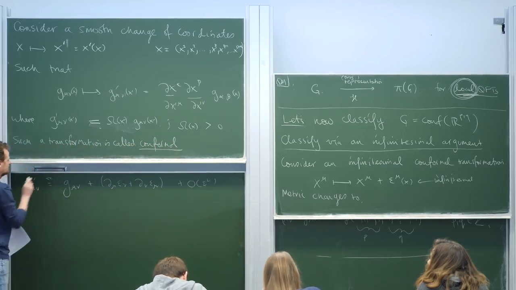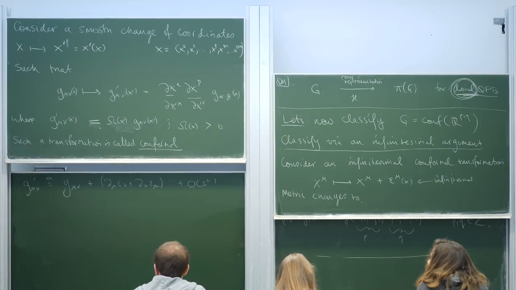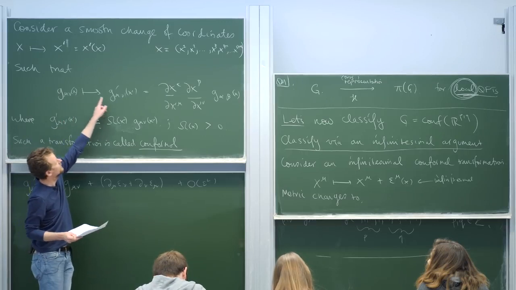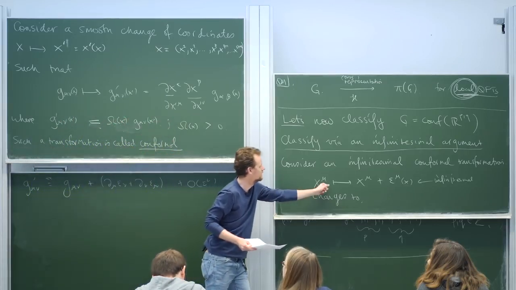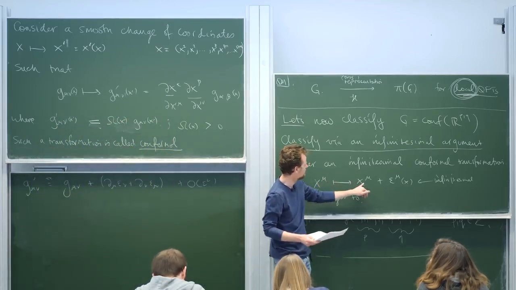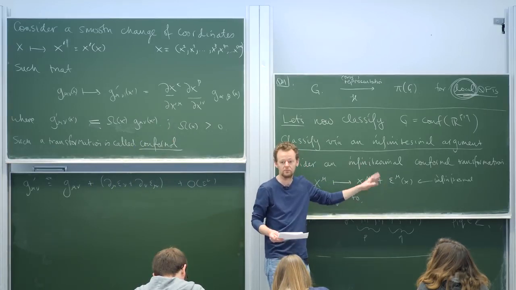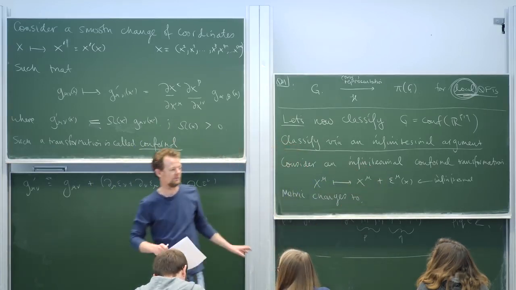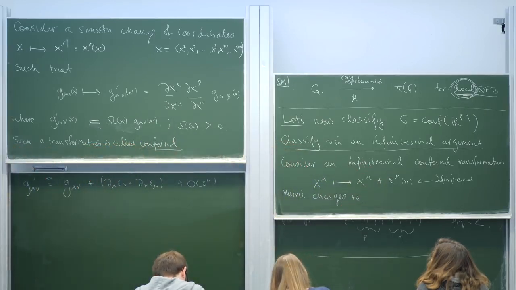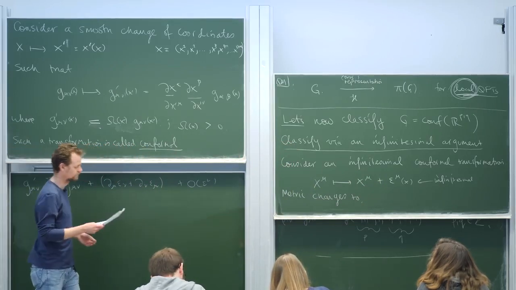I'll leave it as an exercise, just to test your understanding. So that's how the metric changes under a conformal transformation which is infinitesimal. Here's x prime, d x prime, expand to order epsilon. I hope you can get a sense of why that's a reasonable equation. We know it's got to be to order epsilon.